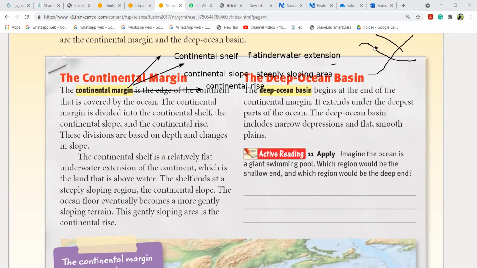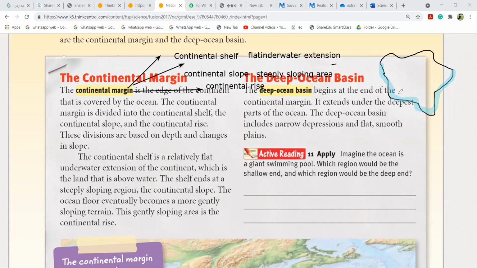So I hope you understood till here that the two main important regions are the continental margin, which is, for example, the margin of a continent, covered with the ocean. This margin is called the continental margin.